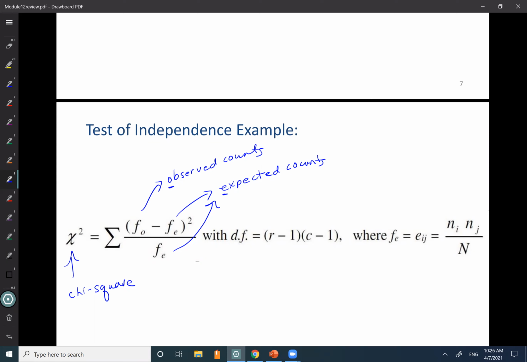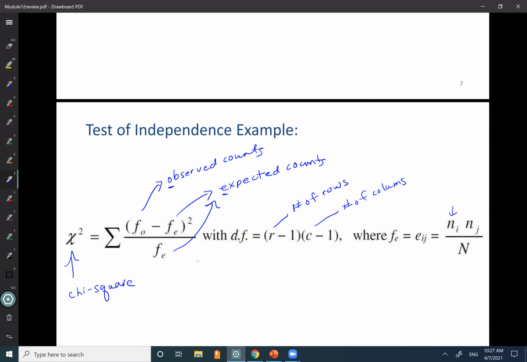That's what that means. R is the number of rows, and C is the number of columns, because one categorical variable will be denoted in the rows, and the other categorical variable will be the columns. When you sum the rows, the sum of the rows is this value here, n subscript i, the total.